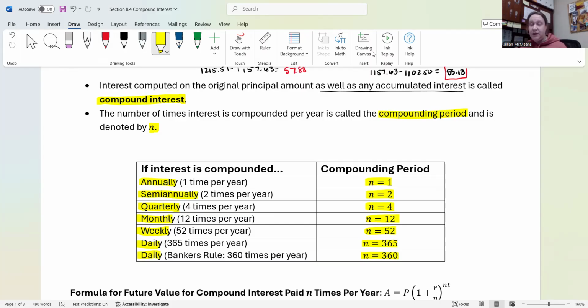The very brief understanding that I have of this is that there are certain national holidays that don't count in the 365 days, so there's basically 360 days that they consider interest to be calculated. I don't know a whole lot of details about that, but as you read through the book, be careful. If they say just daily, you're assuming 365 days a year. If they say daily with the banker's rule, n would be 360. So just use a little caution if the compounding period is daily.